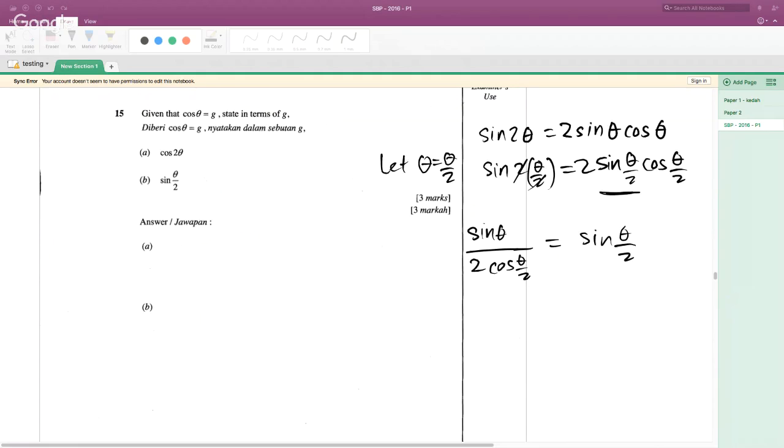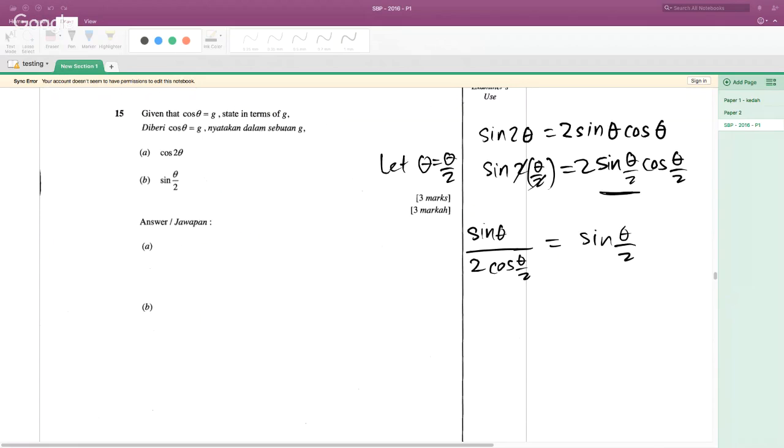I think maybe we can use, what kind of methods can we use here? Since we know cos theta equals, how do we do that?